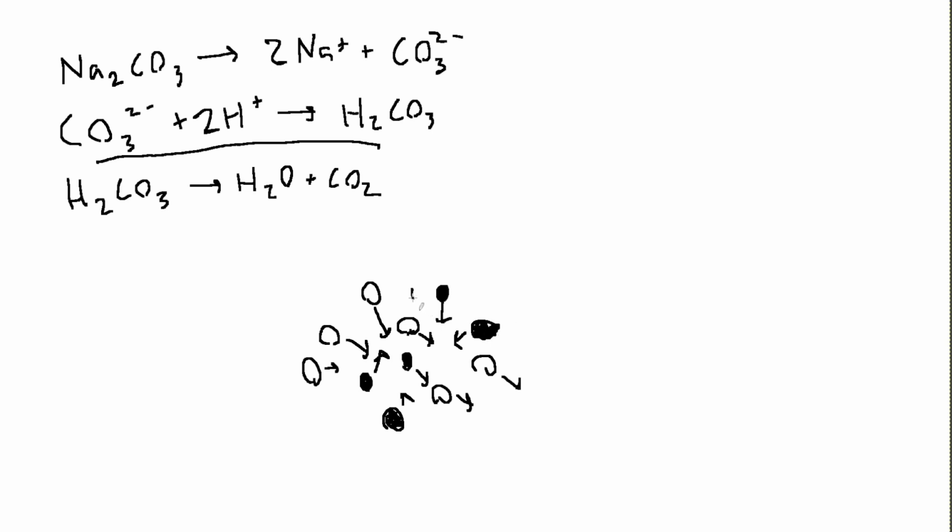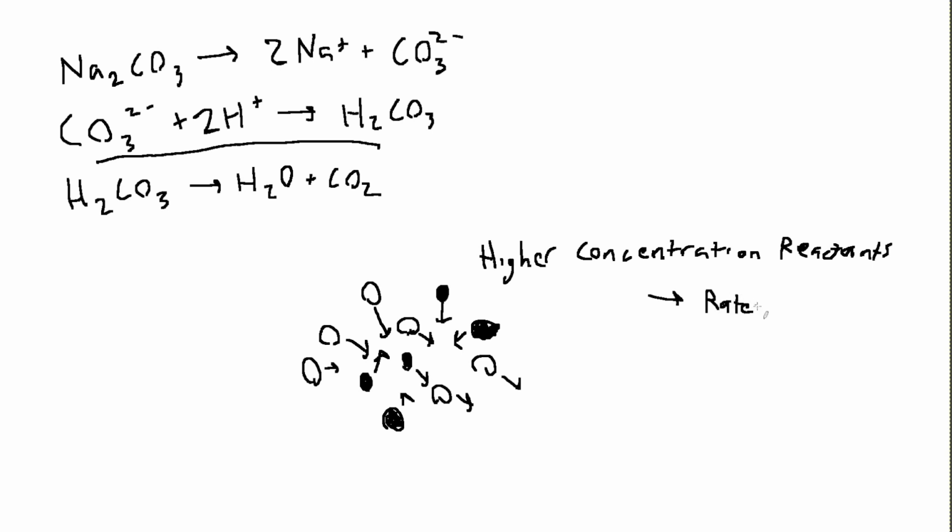And the same with molecule A. If we have more molecule A, it's more likely we're going to have a collision. So what we can ascertain from this is that a higher concentration of reactants causes an increase of the rate of the reaction, meaning how fast the reaction proceeds.